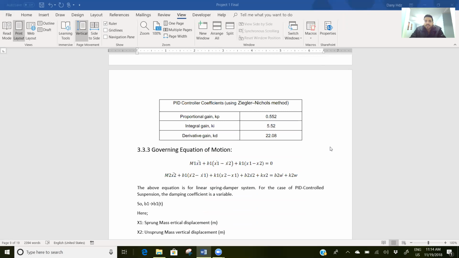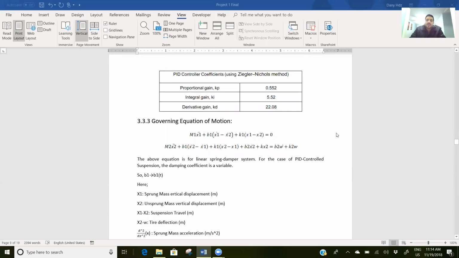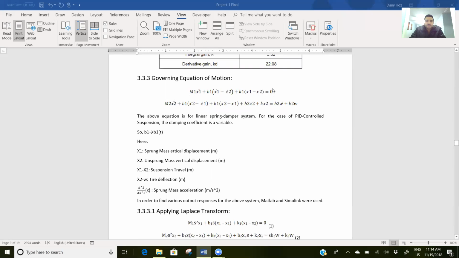We got the PID controller coefficients as proportional gain KP, 0.552; integral gain KI, 5.52; and derivative gain KD, 22.08. This is the governing equation that we are using, which is for the linear spring damper system.